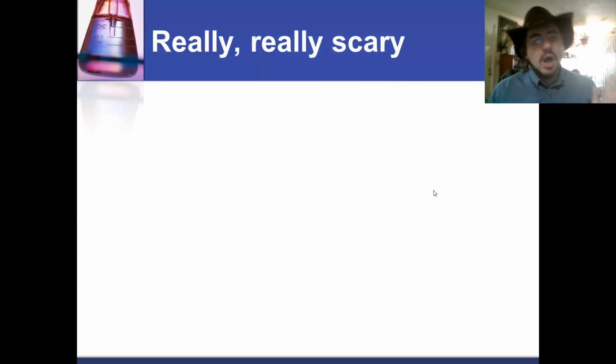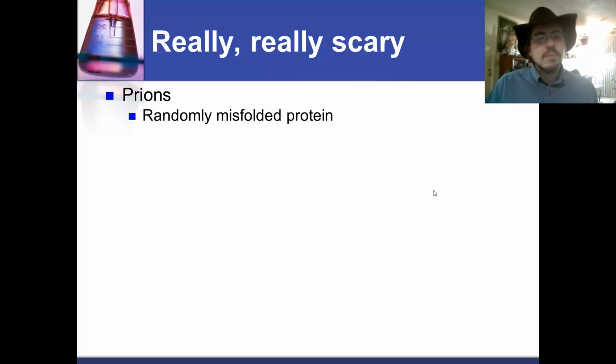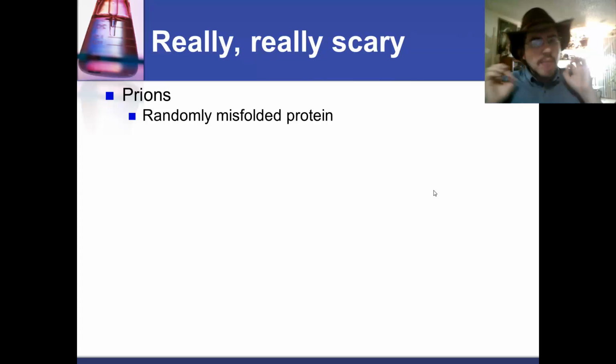Hooray! Okay, well, since that ended on a nice note in which you're like, oh, phew, let's go ahead and terrify you with prions. Prions are a protein, not even RNA or DNA. A protein that became randomly misfolded.